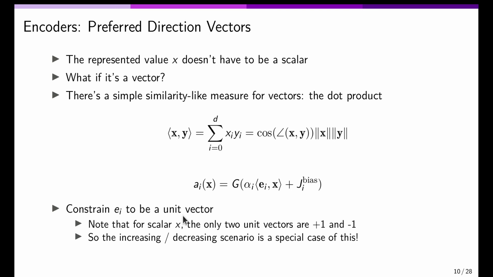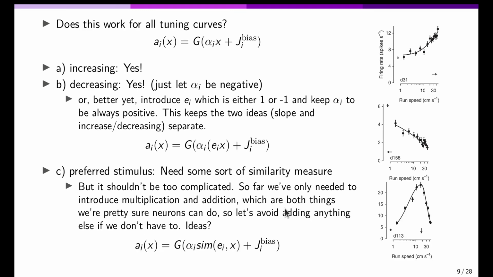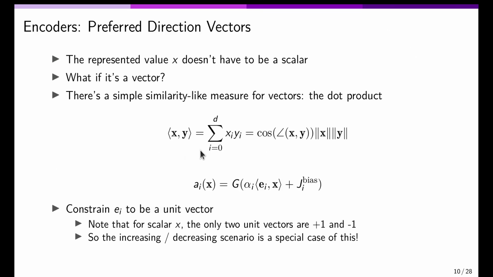That's also got a really nice side effect, because in the scalar case, where there is just one dimension being represented, there are only two unit vectors, +1 and -1. So this becomes exactly what we were saying here, of just multiplying by 1 or -1. So this is just a special case of our multidimensional version.